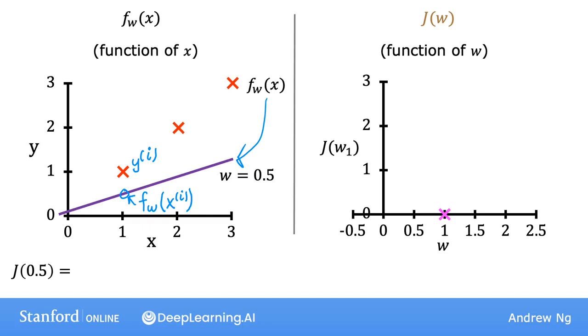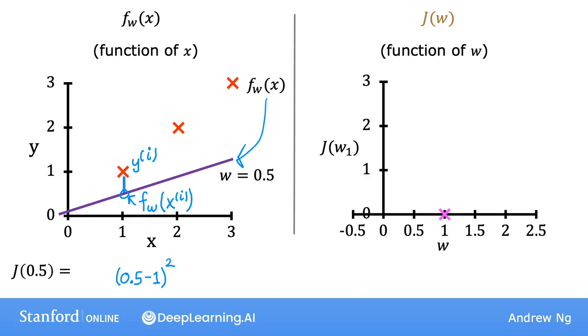So visually, you can see that the error or difference is equal to the height of this vertical line here when x is equal to 1, because this little line is the gap between the actual value of y and the value that the function f predicted, which is a bit further down here. So for this first example, when x is 1, f of x is 0.5. So the squared error on the first example is 0.5 minus 1 squared.